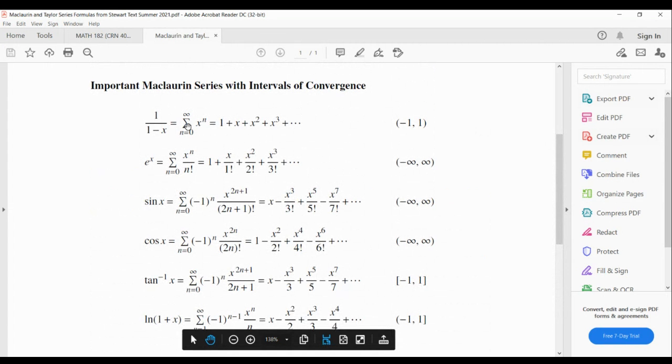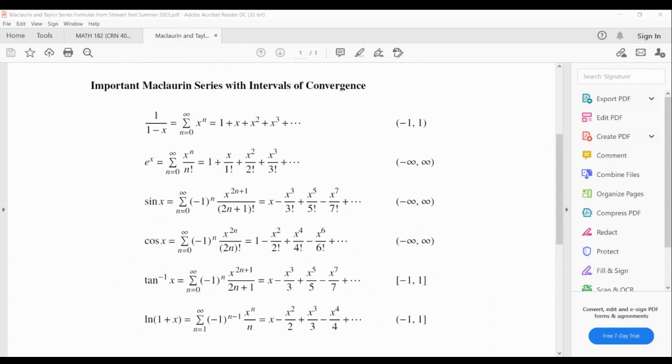Just like in section 8.6, we made use of the formula for 1 over 1 minus x, which incidentally, its Maclaurin series is the same as the formula you learned from section 8.6. Just like we made use of that formula to help us do a variety of problems, we can make use of these other Maclaurin series formulas to help us do a variety of problems.